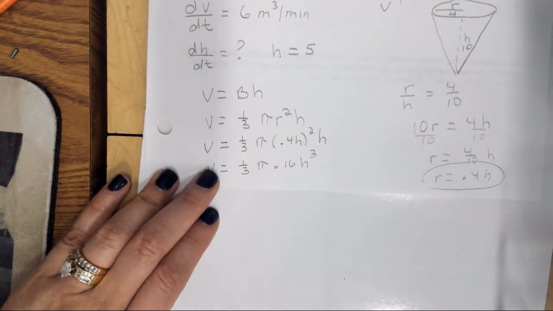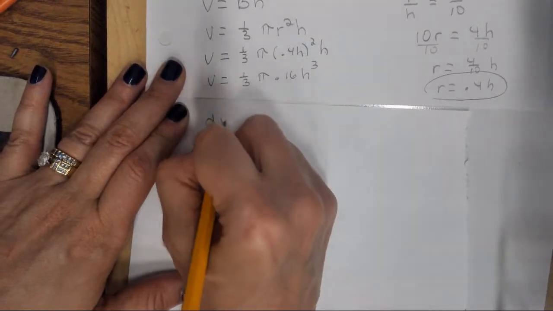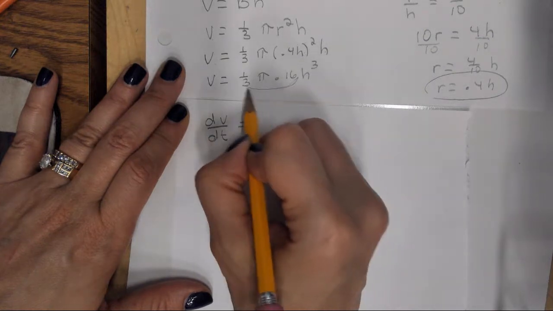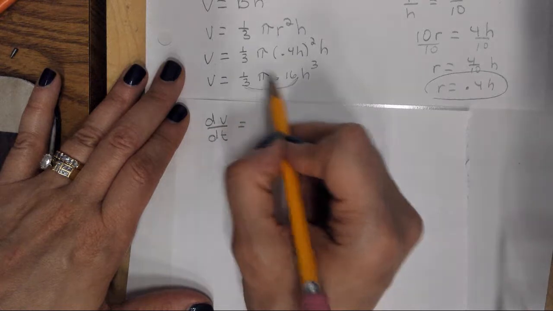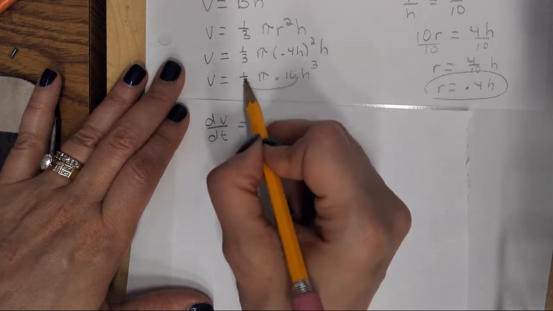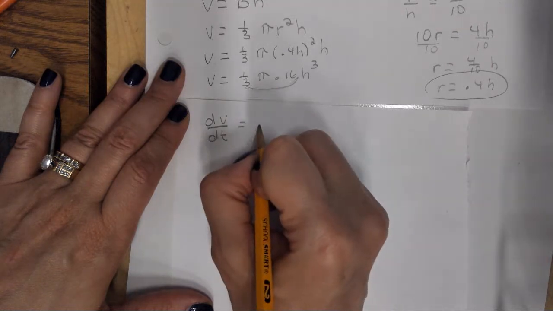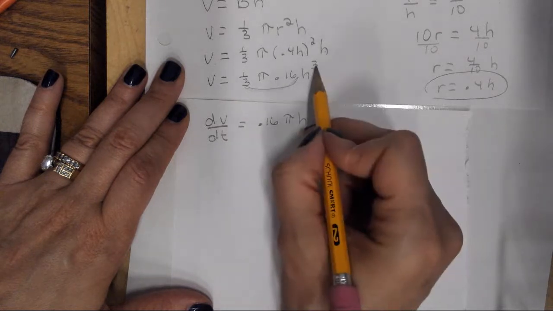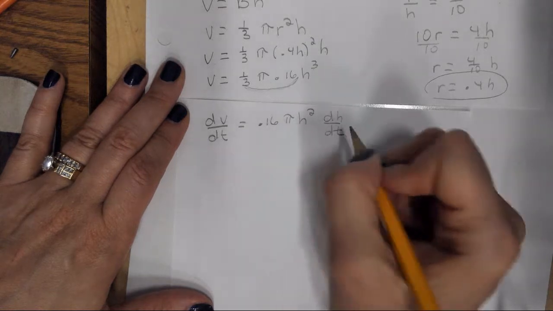I can now go ahead and differentiate this. The derivative of V is just 1 dV over dt equals, remember this whole thing is a constant. I don't have to multiply it all together just yet, but when I take the derivative of h cubed, I bring the 3 in front. 3 times 1/3 is just 1, and I'm just left with this 0.16 pi h, well 3 minus 1 is 2, dh over dt.